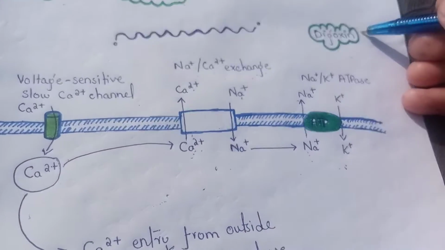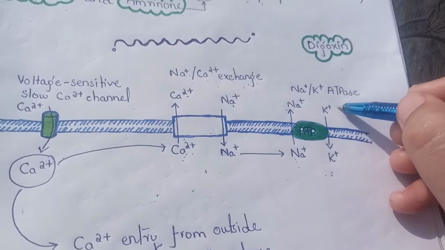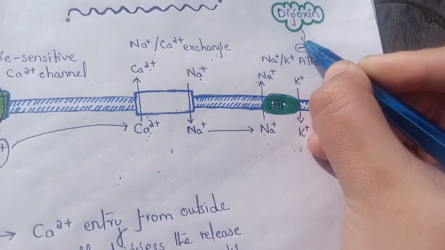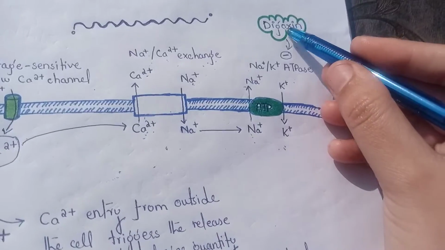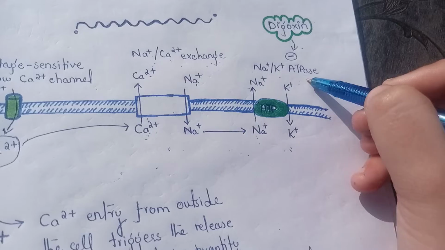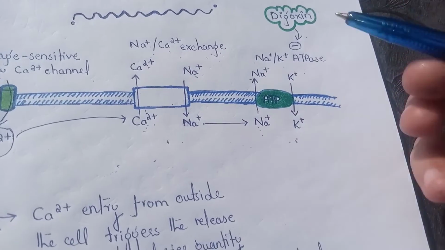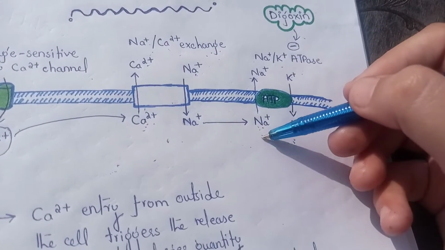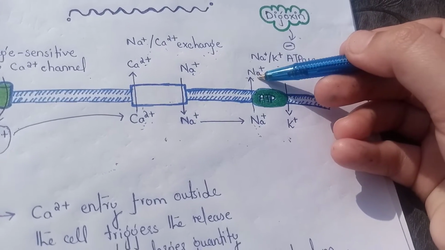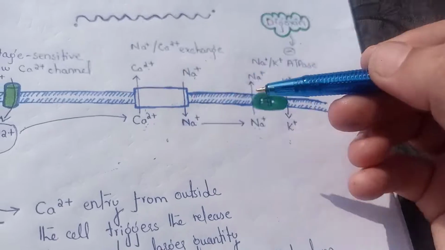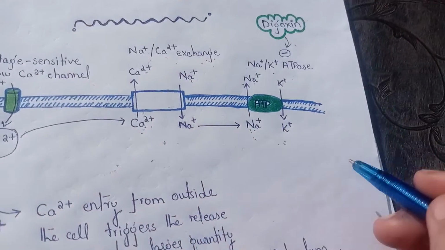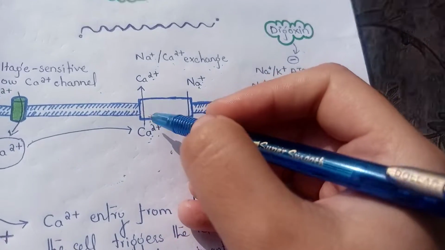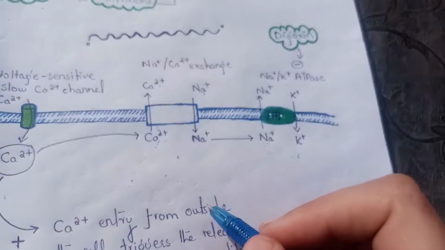What digoxin will do is inhibit the sodium potassium ATPase pump. If the sodium potassium ATPase pump is inhibited, the sodium will not leave the cell, so the sodium concentration inside the cell will increase. So the calcium cannot leave the cell.